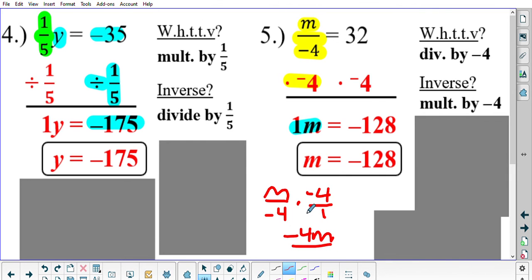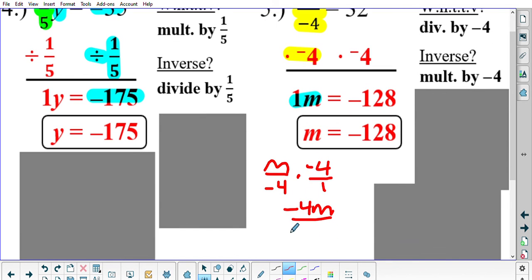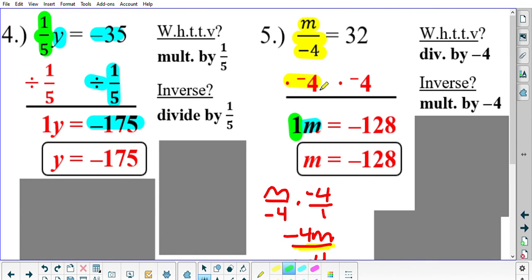And then denominator times denominator, negative 4 times 1, is just negative 4. And then you can simplify this, understanding that the fraction bar means division. And negative 4 divided by negative 4, that is how you get 1m. So ladies and gentlemen, that is why the negative 4 does not get multiplied to the denominator of negative 4. That's why you are not going to get a 16 at all on the left-hand side of this work.